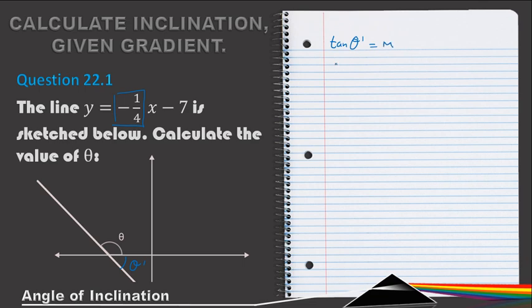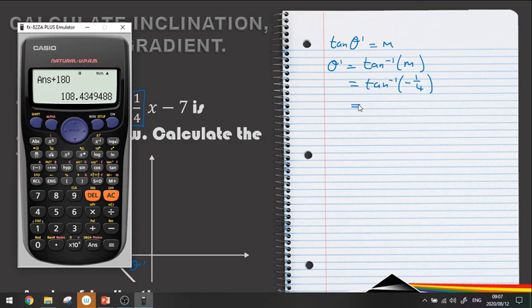So theta 1 will be equal to the inverse of tan of the gradient. So we substitute in our gradient, tan minus 1 of negative 1 over 4, and then to type that in, shift tan minus 1 of negative 1 over 4.